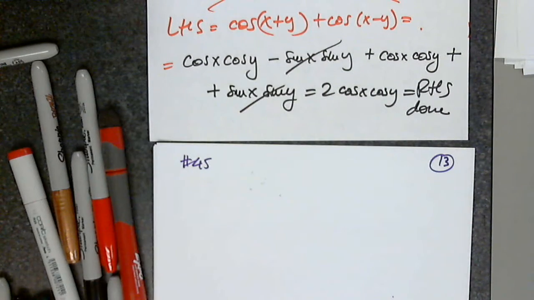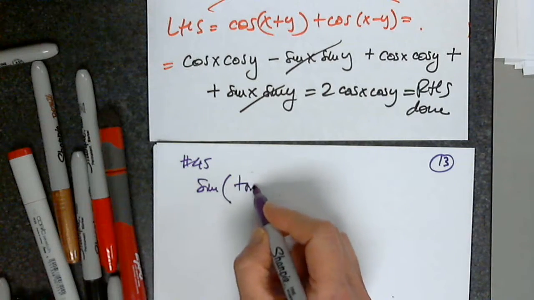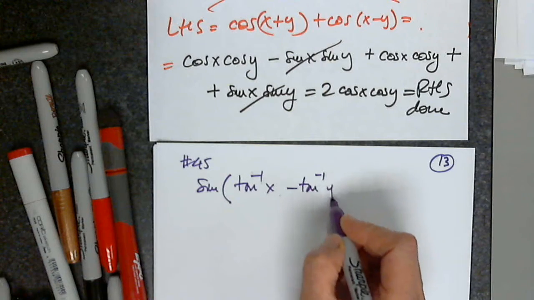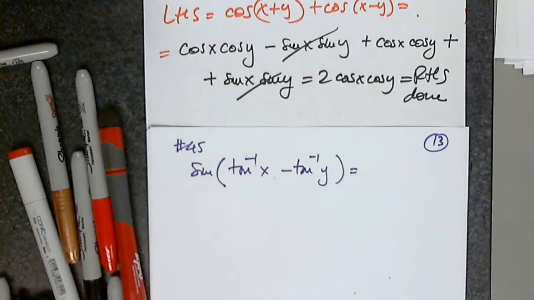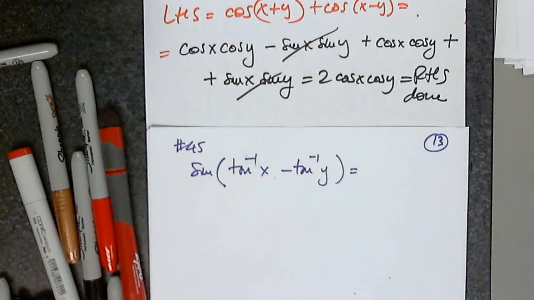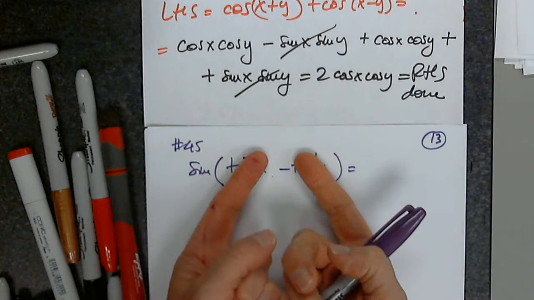In 45, we are asked to simplify sine of tangent inverse x minus tangent inverse y. You can look at this and say, oh, I remember, it's similar to problem 5 that I forgot to do on the test. Or instead, you could say this is way more difficult than that one, because there is a sine outside and I have a difference.